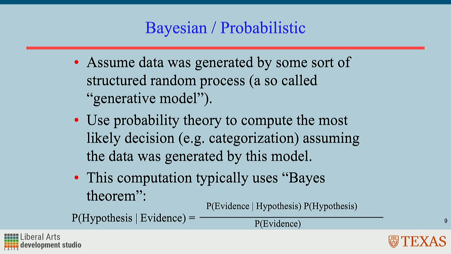And it says that the probability of some hypothesis given some evidence, that's like, what's the probability that someone has a disease given that they have symptoms? You can actually calculate that from a model of how likely the symptoms are given the disease, or how likely the evidence is given the disease, which is usually easier to estimate, and the prior probability, how likely is having that disease a priori. So a classic line from doctors is if you hear hoofbeats, think horses, not zebras.